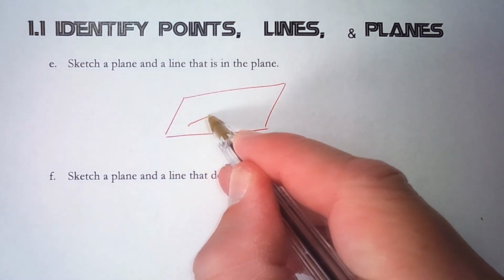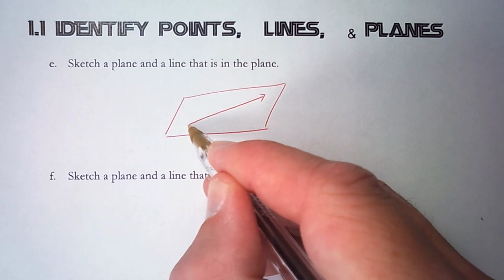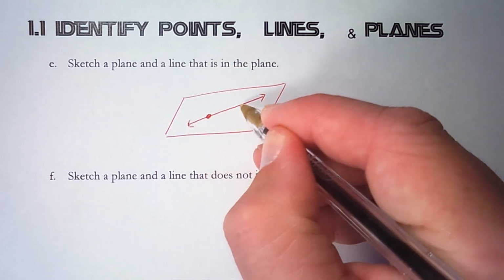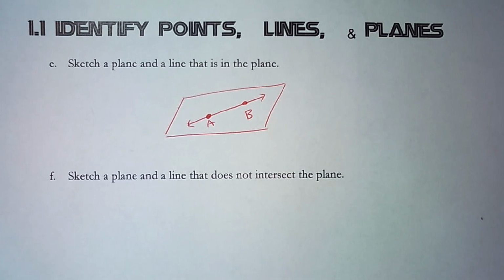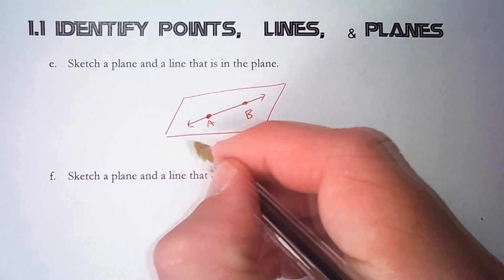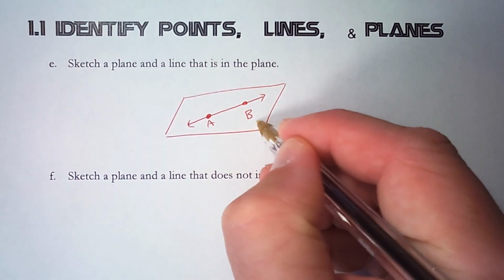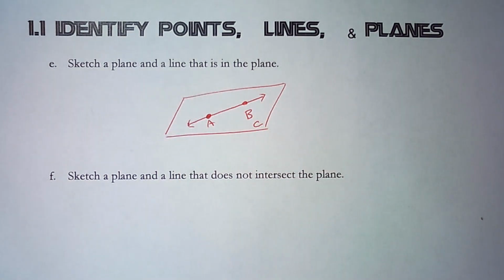So here's a line that is in the plane. Let's call that line AB. Okay, so we now have line AB lying inside of the plane. Okay, and let's just give this a label. We'll call it plane C.